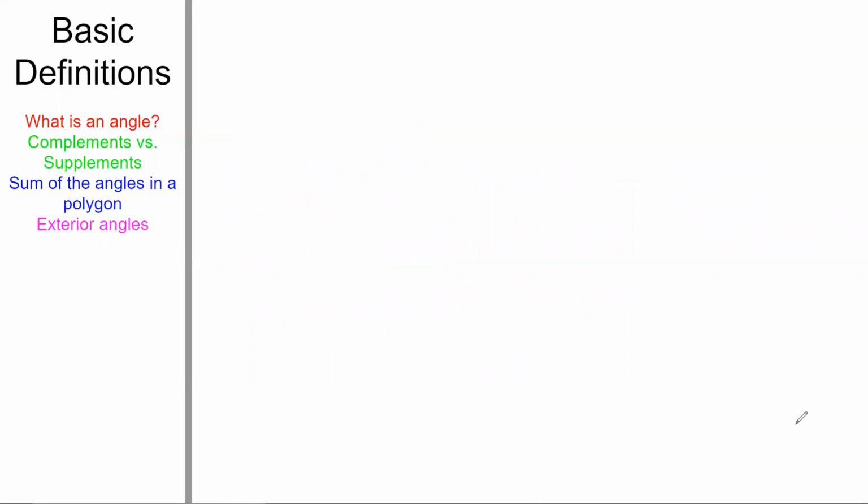And finally, here in basic definitions, we're going to cover exterior angles. The basic definition of an exterior angle is an angle on the outside of a polygon.